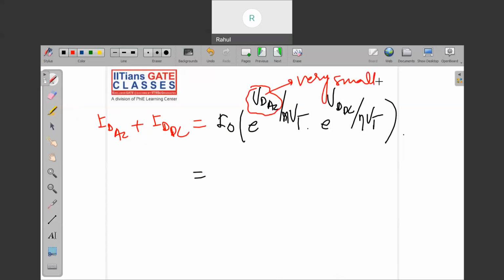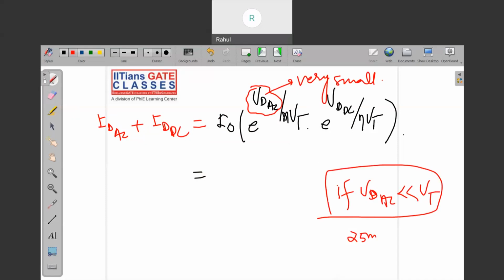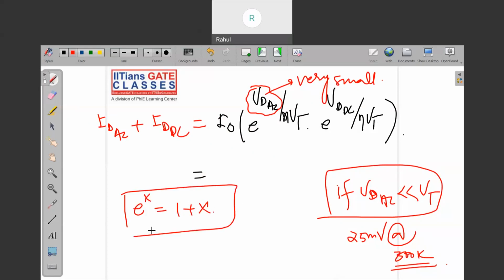We have to consider it very small compared to VT. VT is 25 millivolt at 300 K, that is the thermal voltage, as I told in the previous class. So you can approximate this: e raised to power x can be written as 1 plus x. So here I naught e raised to power, let me erase this again.